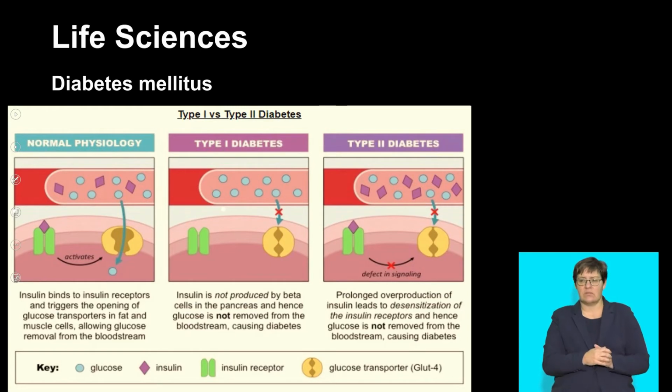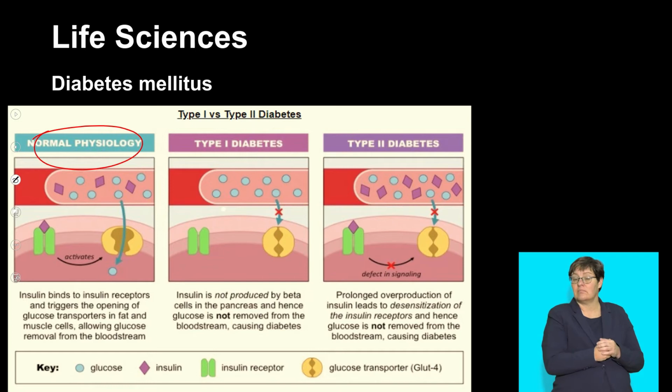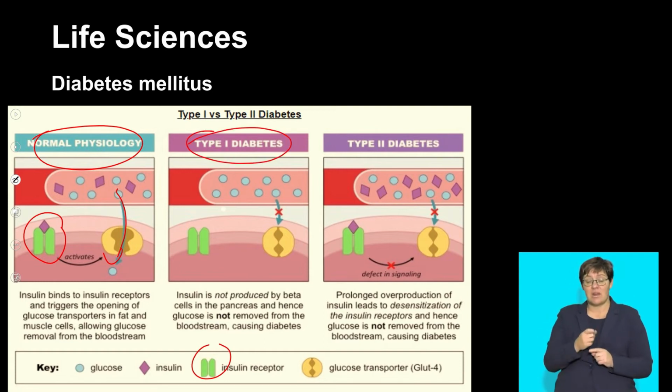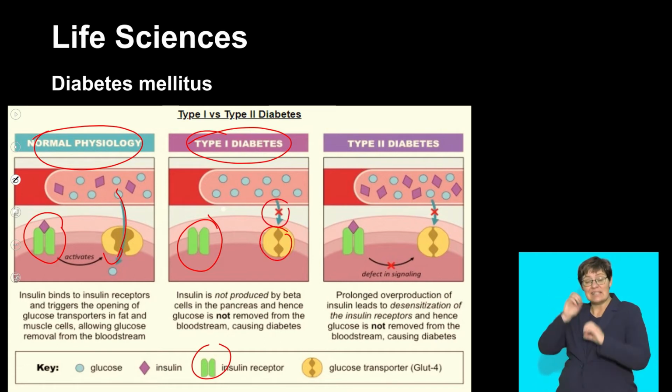So under normal circumstances, guys, we find that insulin, which is indicated in this, allows for the glucose to enter the cells. However, in a person that has type 1 diabetes, we find that the insulin receptor becomes deactivated or destroyed, and hence they cannot activate the cells to take in the glucose, and hence there is no glucose entering the cells.